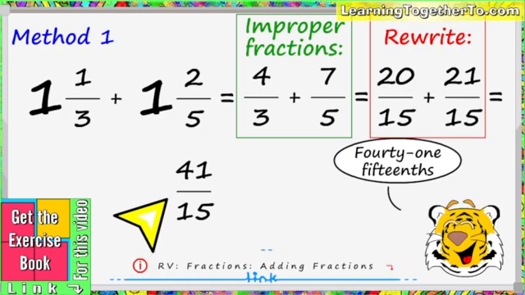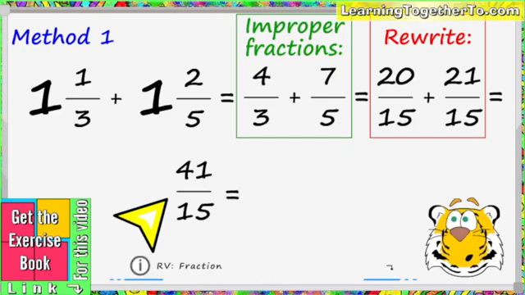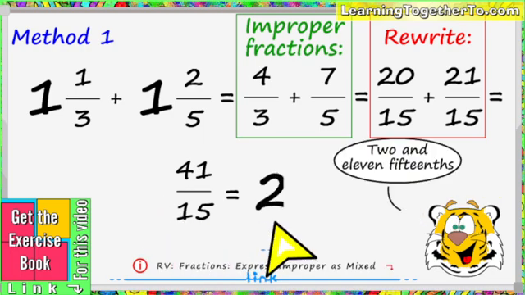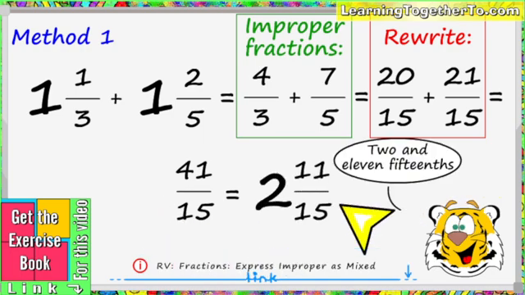Very good, Tim. 41/15 expressed as a mixed fraction is 2 11/15. Excellent, Tim. Let's try solving it with the second method.